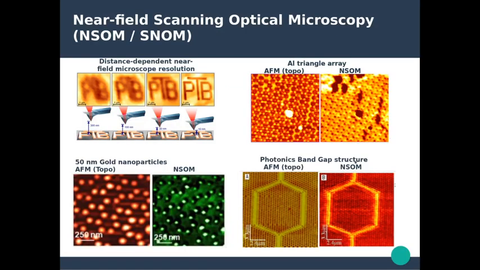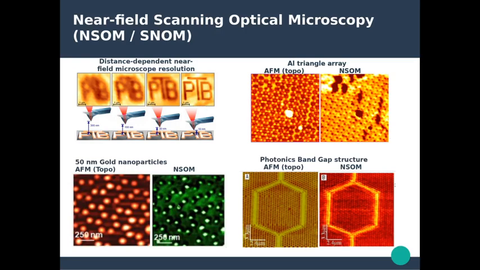And these are just some images that can be obtained in this near-field scanning optical microscopy technique. These are a few examples showing that if you're fairly far away, 300 nanometers from your sample, you can actually have very low resolution. But as you bring your tip in close proximity to the sample, then you have more near-field interaction, and then you obtain much better spatial resolutions.